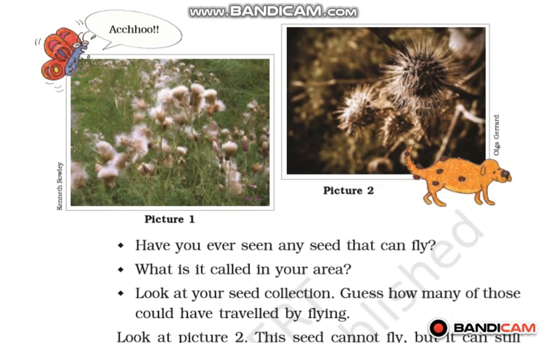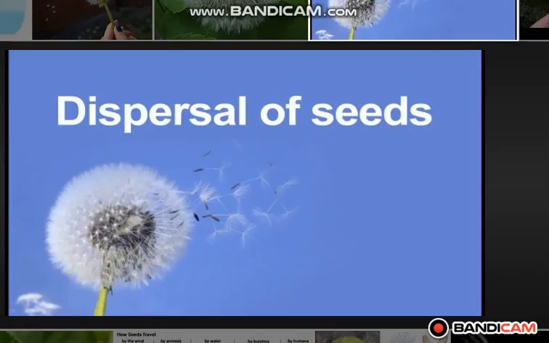So, students, we are talking about dispersal of seeds. Dispersal of seeds means the movement of seed from one place to another. They can travel because they are very light in weight, as you can see in the picture.